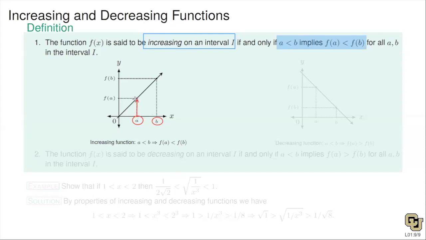So if you follow A, here's f of A. And if we follow B, here's the output for B. So you see for an increasing function, if A is less than B, then f of A will also be less than f of B. You see f of A here is below f of B. So it's not complicated, but what I need you to do is connect up these two things. Understand how these equations and this picture match up and how you get one from the other.